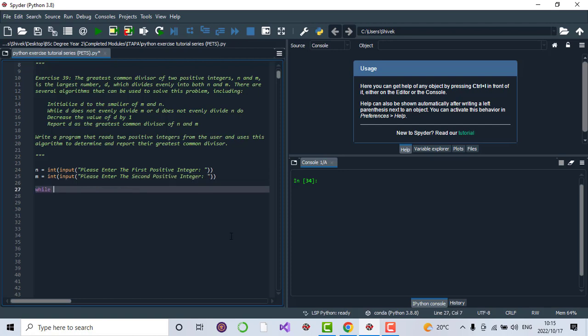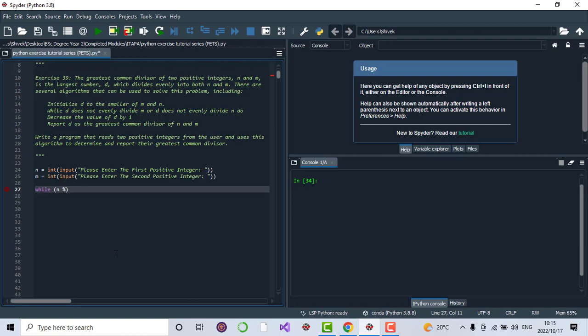Now straight to the while loop, because essentially all we are doing is following this pseudo code. While d does not evenly divide m, so let's focus on that first. M or n? Well, let's do n first since we initialized n first.